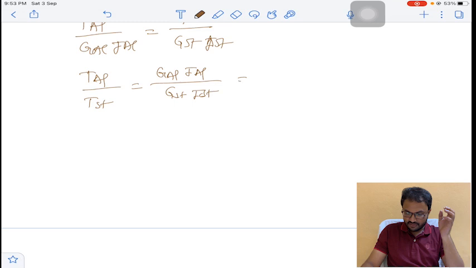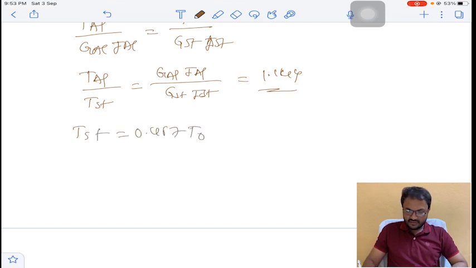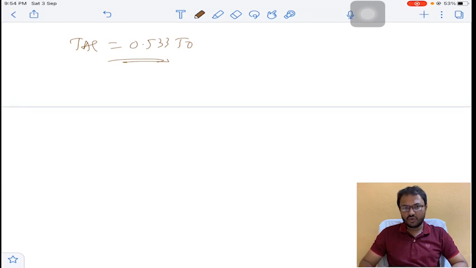So you will get 1.144, okay, this ratio. So now TST is equal to 0.467 into T naught, and TAL is equal to 0.533 into T naught.